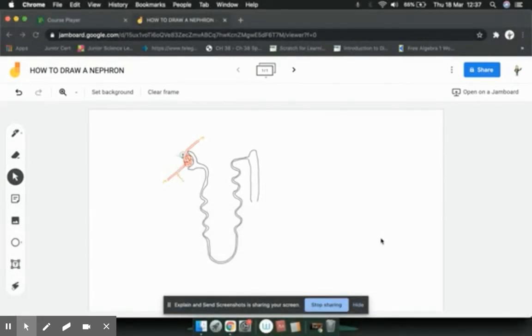Okay, so once you've all of that done, start labeling. Again, you want nice clear diagrams or labels for this one. And if you think about it, it's a continuous tube.